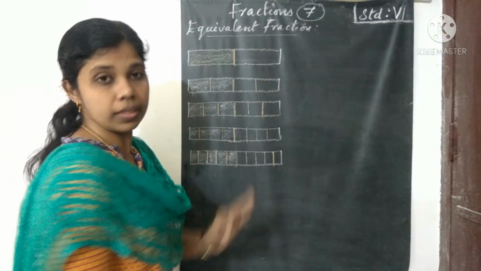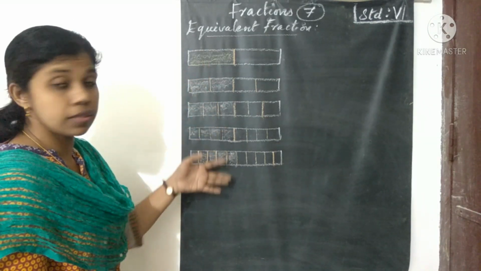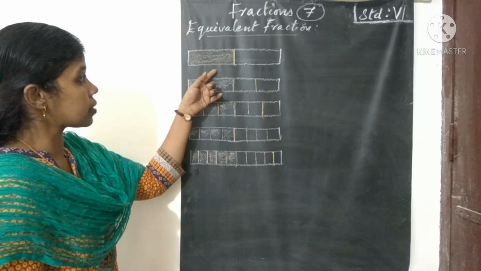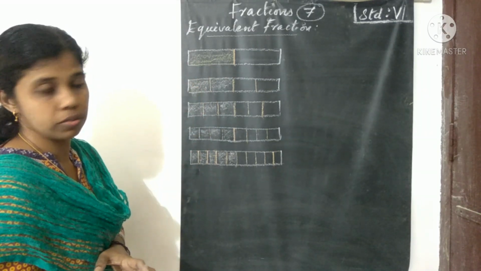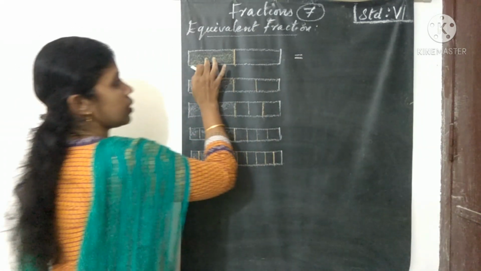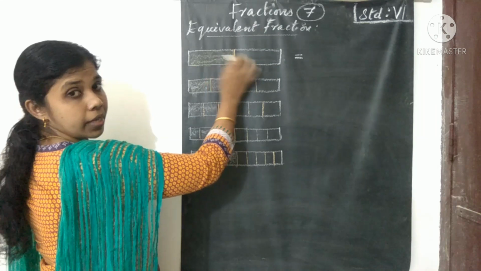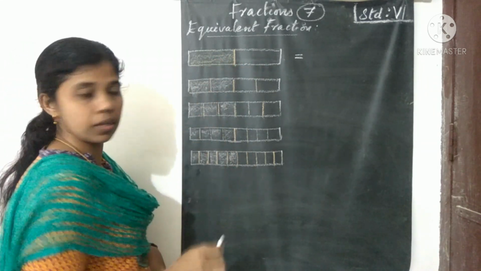Next, equivalent fraction. Here some parts are given and some parts are shaded. Write what is the fraction. Here the total number of parts is 2. How many parts are shaded? 1 part.